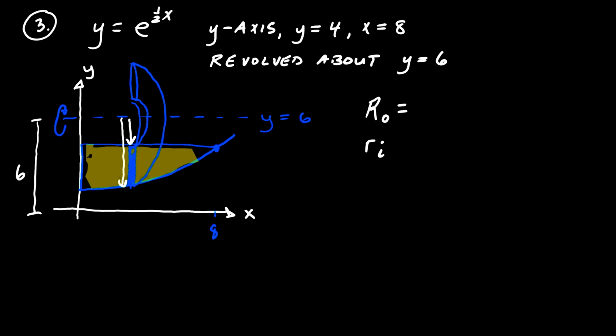So what we have for our outer radius is this total distance is 6, but we see this piece right here is what we're looking for. Going this way, this would just be the value of y, which was equal to e to the 1/2 x. So our difference is going to be 6 minus e to the 1/2 x.